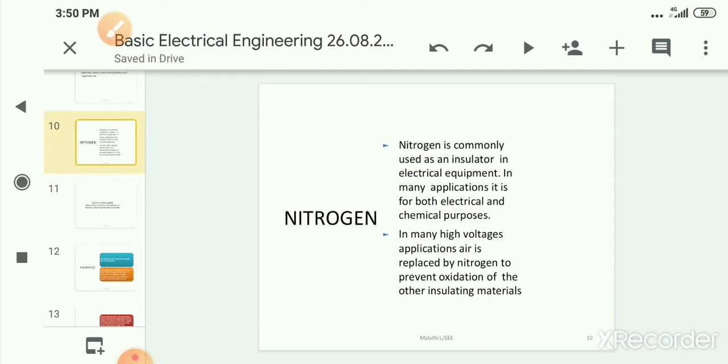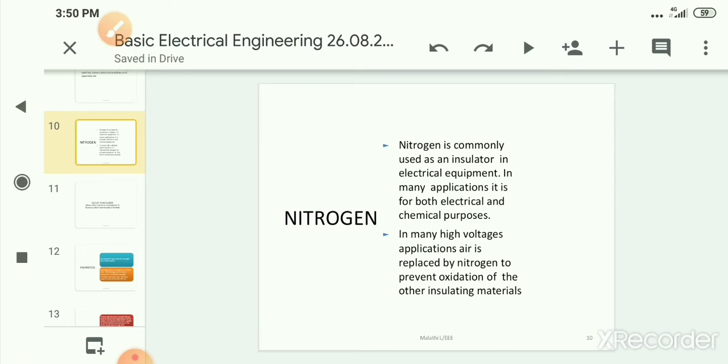Every time airbags are there in transport vehicles for safety measures. There nitrogen itself is used, and nitrous oxide is used in vehicles to increase the power of the engine and speed of the vehicles. It is used to prevent oxidation.